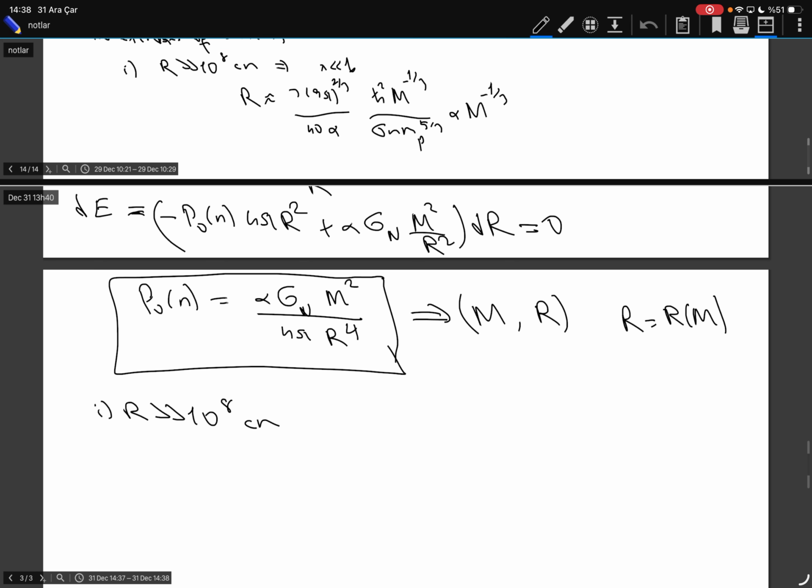In this limit, x is much less than 1. And you can actually determine the radius as a function of mass. What you get is this expression. If r is very large or x is very small, we can express everything in terms of x, the Fermi momentum.